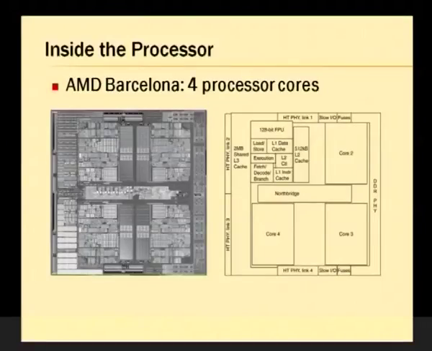This picture shows what we have inside an AMD Barcelona processor. This is a 4 processor core system. In fact, these days we have what are called multi-core processors, which consist of multiple small processors sitting inside a single big chip.